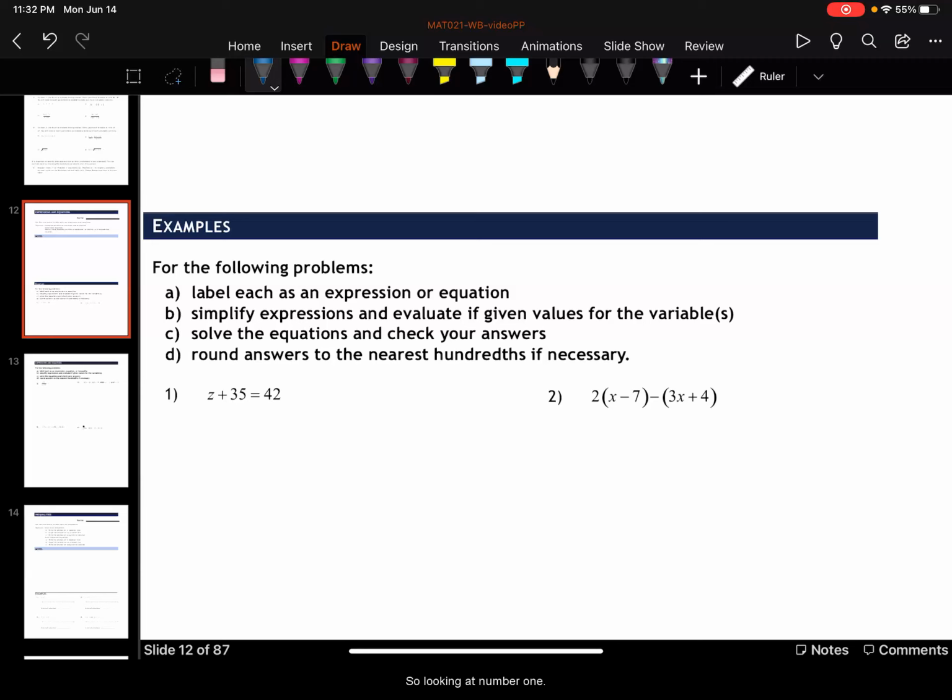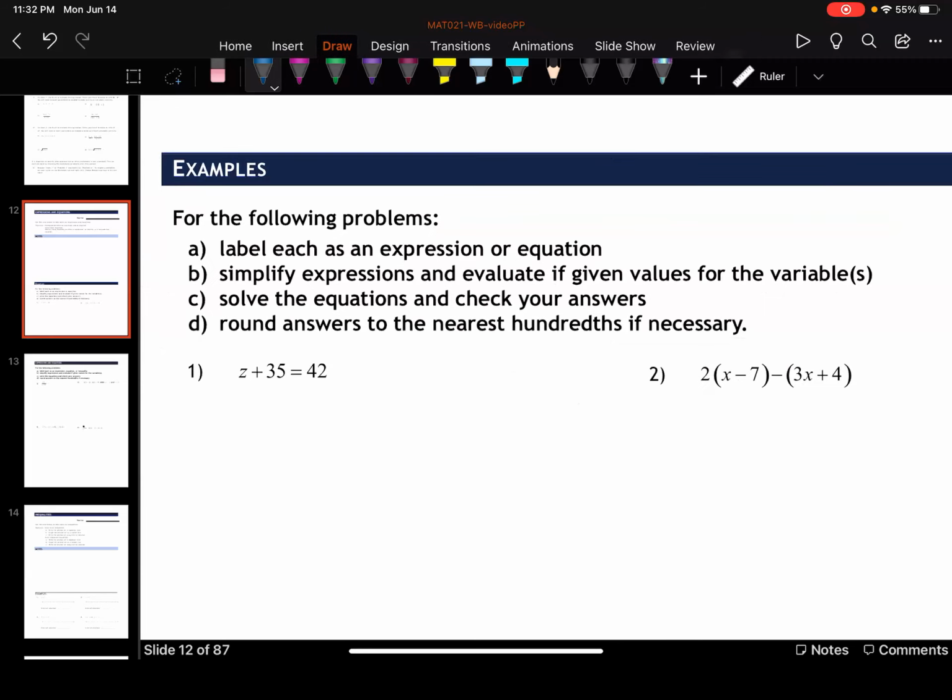Okay, so looking at number 1, if we're going to label this as an expression or equation, we have an equal sign here. That equal sign right there tells me straight off I have an equation. So now I'm going to solve my equation. To solve my equation, I need to remove all values from the variable.